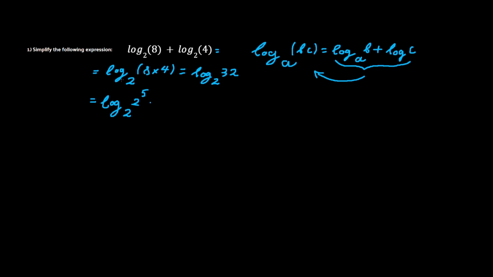So let me write the property to be more clear. So this is equal to b. So in our case, this log will be equal to 5. And this is the answer.